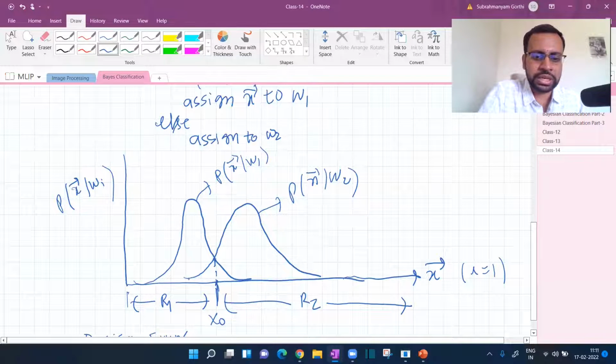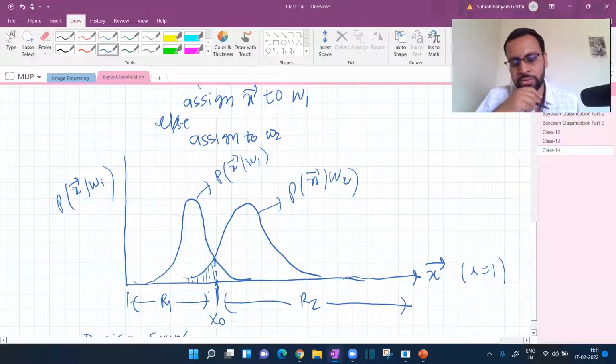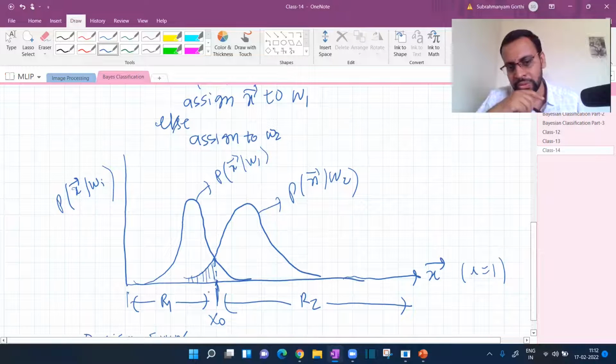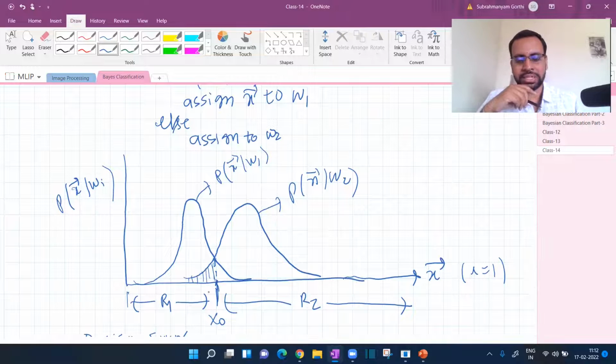That's the best thing you could do, but there are a few samples that would be wrongly assigned to class 1, which ideally should have been assigned to class 2.